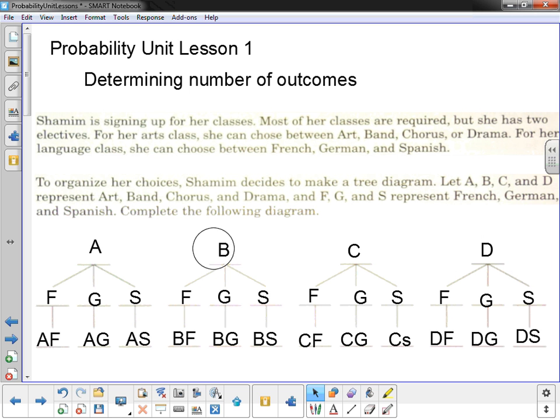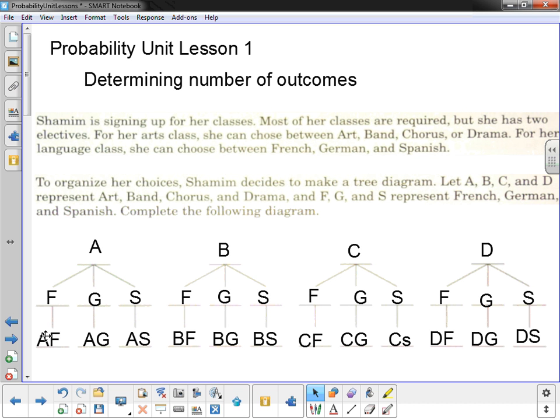So this is the number of possible outcomes that she can come up with using what we call a table method or a tree method. You have your first options, your second options listed there, and then you have your possible outcomes. Now when we see this, we can figure out that she has a total of 12 different possible outcomes from this method.